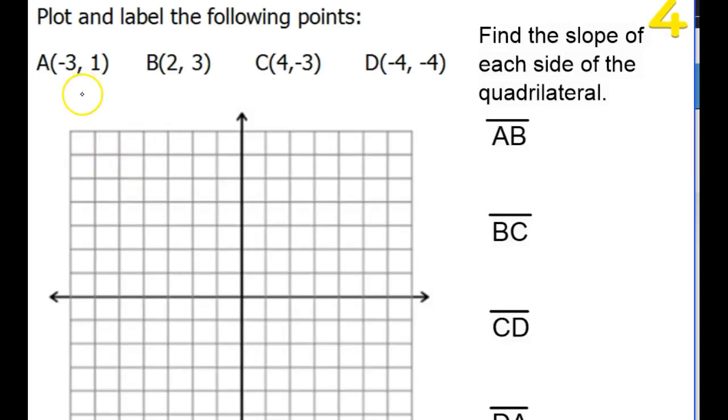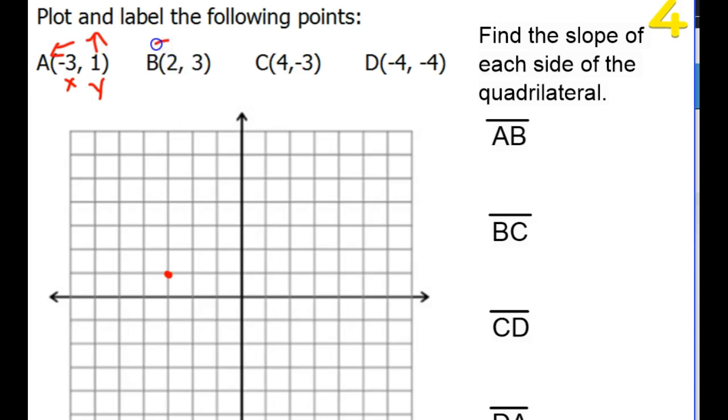Alright, so first of all, we are going to plot and label these following points. So, negative 3, 1. We know that the negative 3 is our x, and the 1 is our y. So we're going to go over to negative 3, 1, 2, 3, negative 3, and up 1. So this one we're going to the left and up.